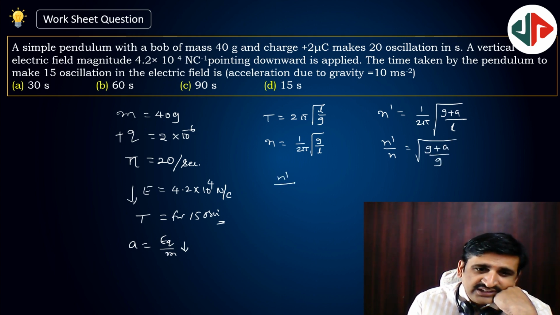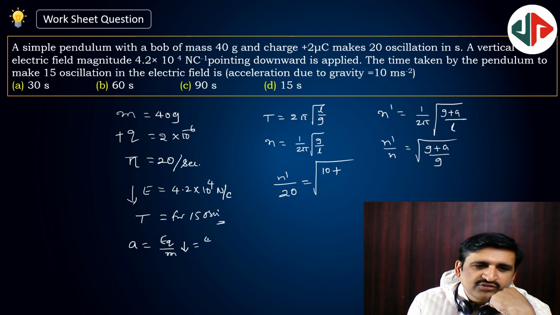N dash by N, with N being 20 oscillations, equal to root over G is 10, or 10 plus A. EQ by M we will calculate: 4.2 into 10 to the power of 4 into Q value 2 into 10 power minus 6 by M, which is 40 gram, 40 into 10 to the power of minus 3.